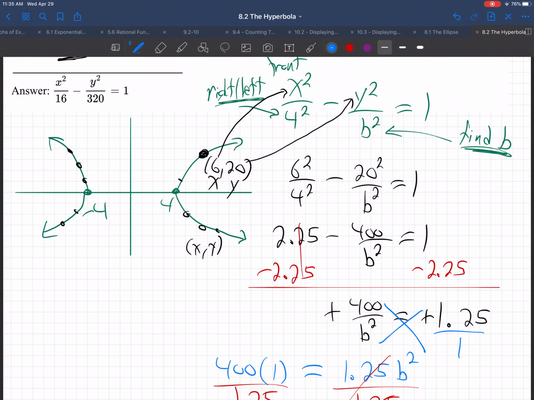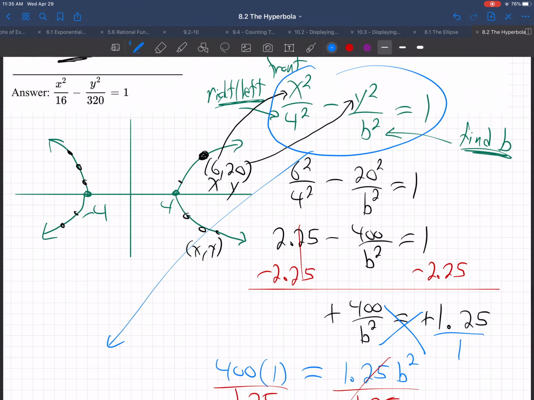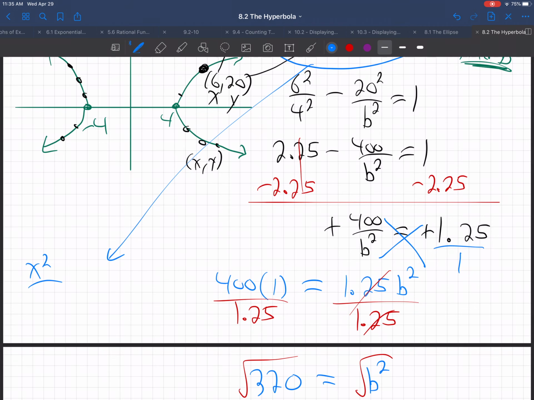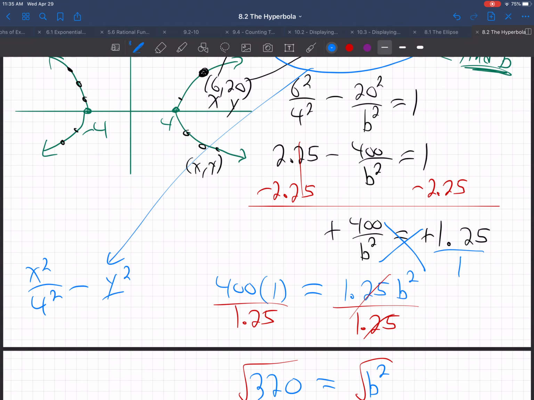Let me just come over here, grab it, and bring it down. So it's x squared over 4 squared minus y squared over b squared equals 1.